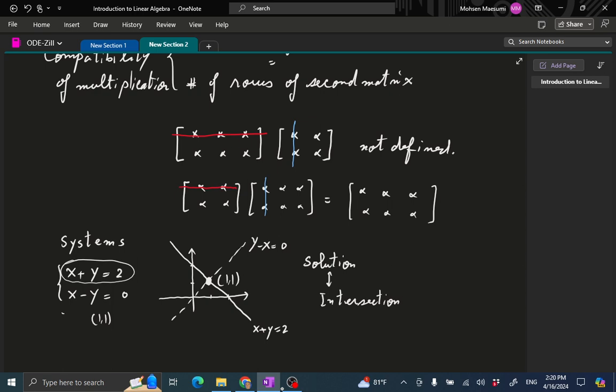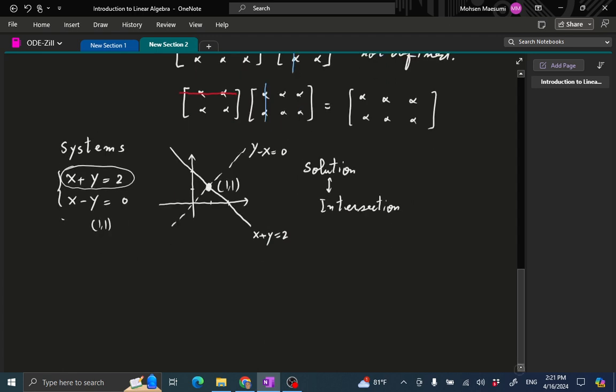Well, that is going to give us an idea. If we have a system in two variables, it corresponds to two lines. What can happen with two lines? It can be one of three cases.